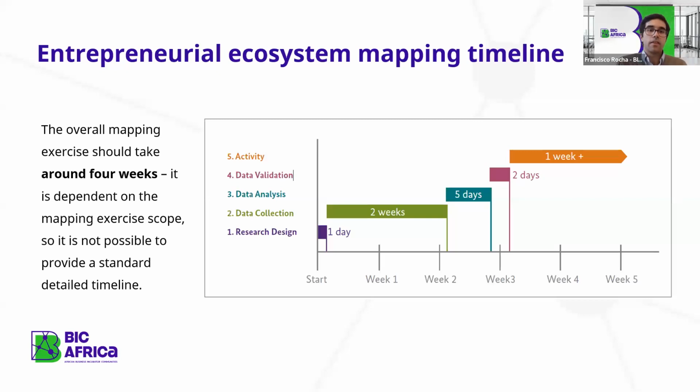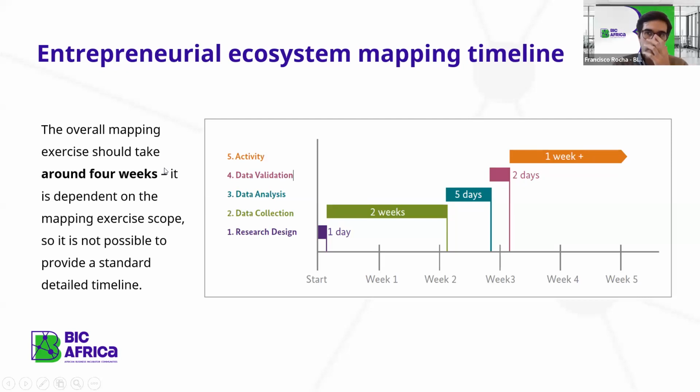And then the second one that takes more time within this process concerns step 5 of the activity, when you pass from the conclusions from the results you have taken from the last 4 steps to activity within your ecosystem.